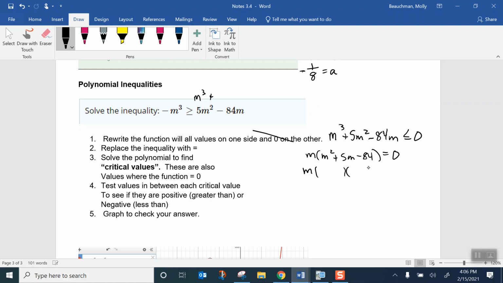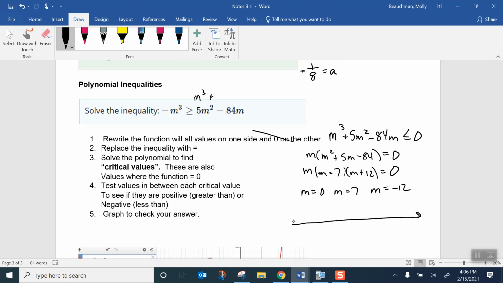Continue factoring: two numbers so that when we multiply them, we get negative 84 and add and get 5. 84 is 12 times 7. That needs to be a positive 12 and a minus 7. So I have three intercepts, or three zeros. m equals 0, m equals 7, and m equals negative 12.